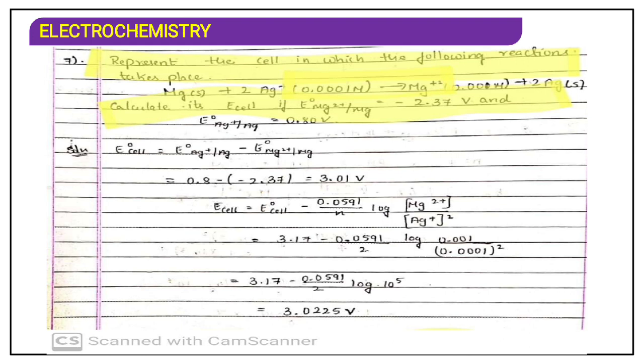The reaction is Mg solid plus 2Ag plus, where the concentration of Ag plus is 0.001 M, gives rise to Mg plus 2, whose concentration is also 0.001, plus 2Ag.